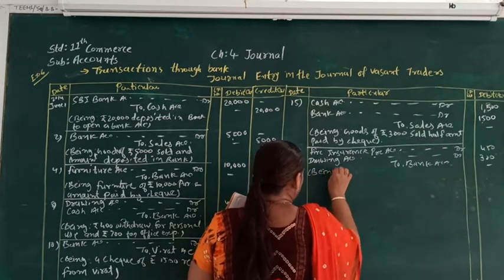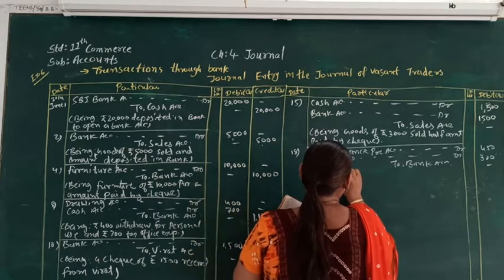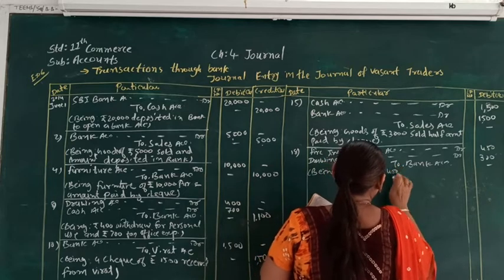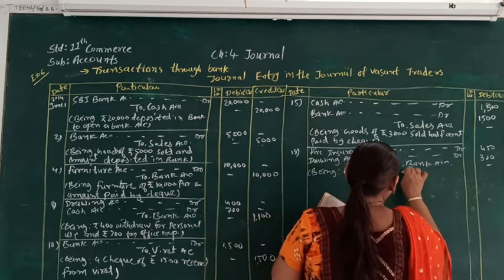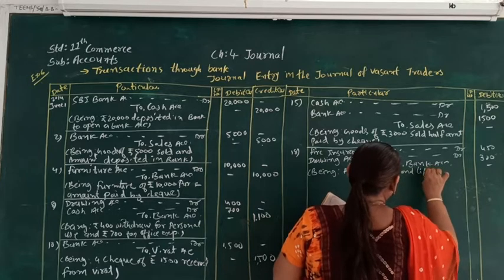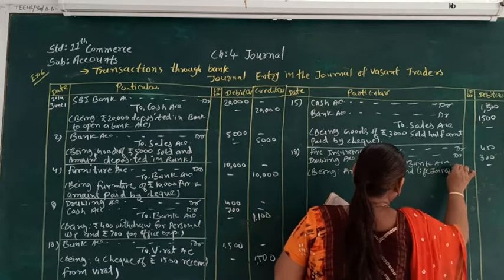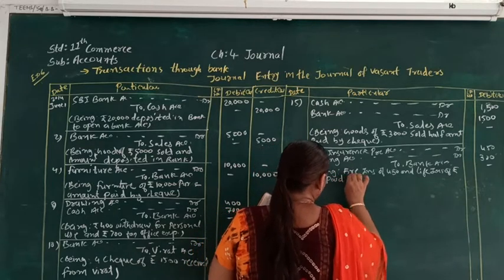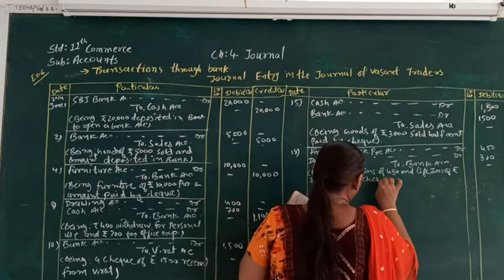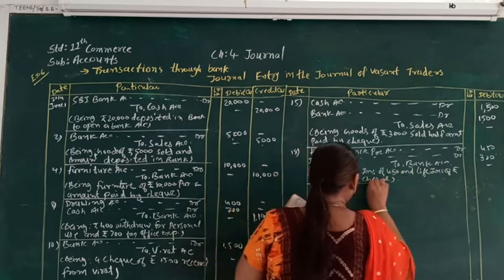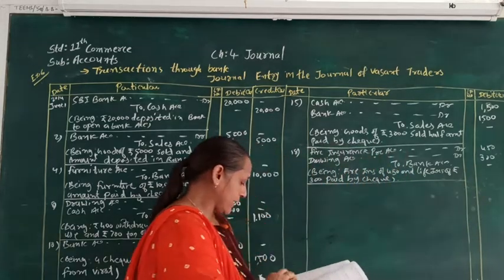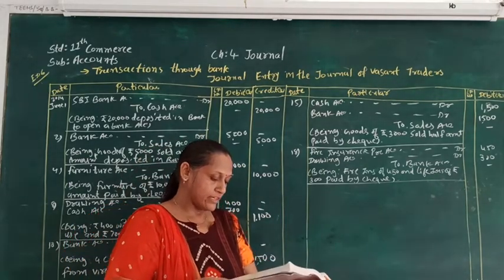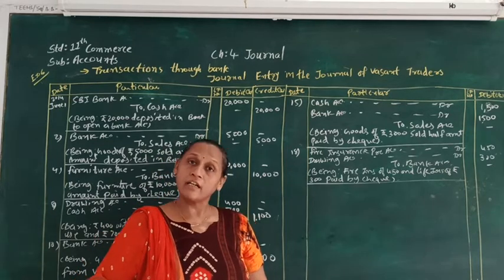Being fire insurance of 450 and life insurance of rupees 300 paid by check. So that's it. Now next, a check of dividend warrant of rupees 200 deposited in bank. So dividend is our income.